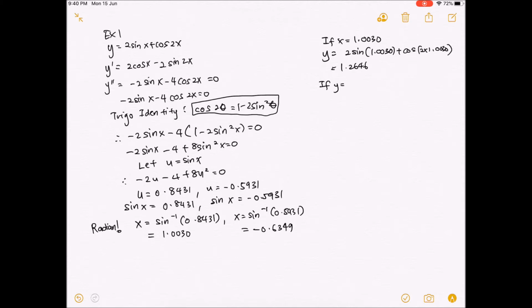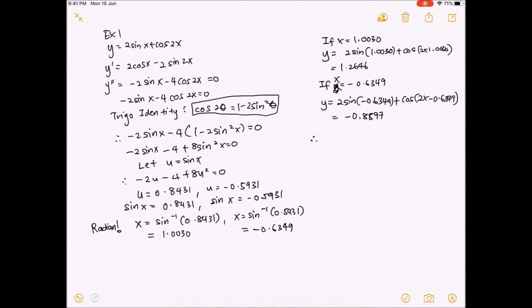And then if my x equals negative 0.6349, then my y will be negative 0.8897.